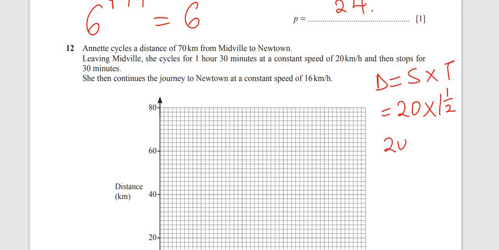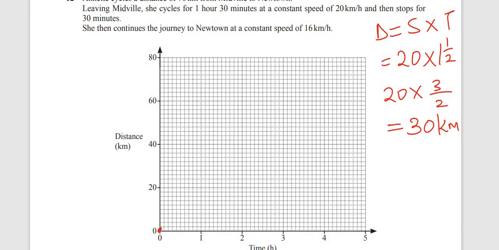So 20 multiplied by 3 over 2 is equal to 30 kilometers. So in the 1 hour and 30 minutes, she had covered a distance of 30 kilometers. So we can mark that on the graph: 1 hour and 30 minutes and 30 kilometers, just somewhere around there.